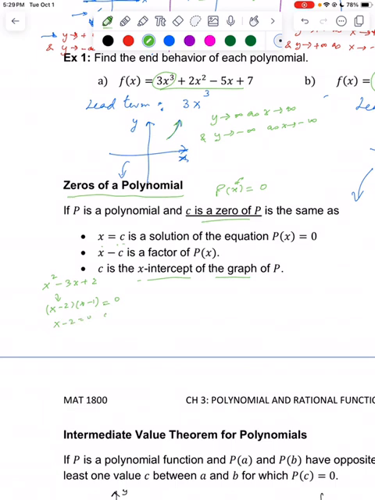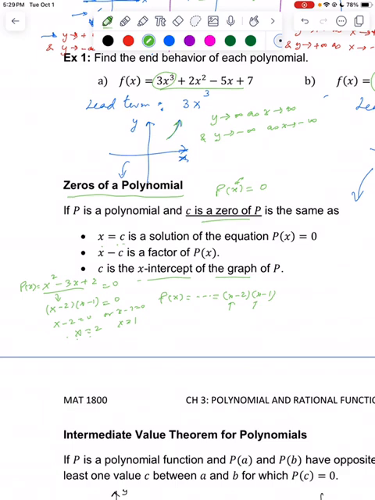So notice here, when we say x is equal to 2 is a 0 of the polynomial, it is because x is equal to 2 is a solution of this equation when we set it equal to 0. Otherwise, if we don't set it equal to 0 and we keep our p of x factored in this form, then x is equal to 2 and x is equal to 1 will make the polynomial 0.